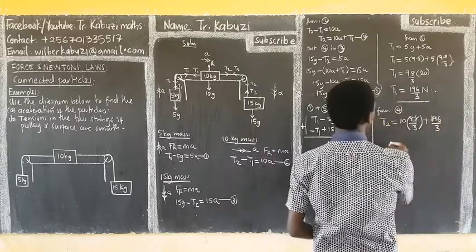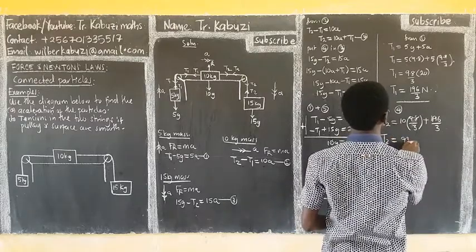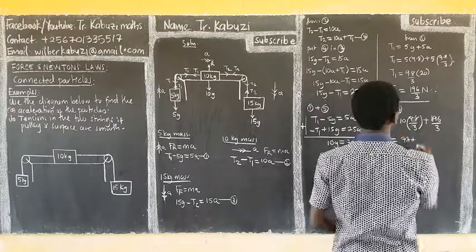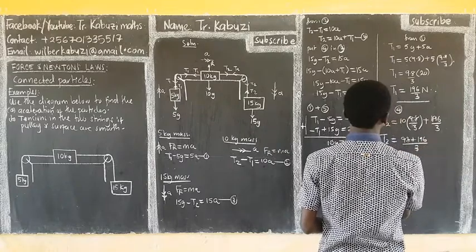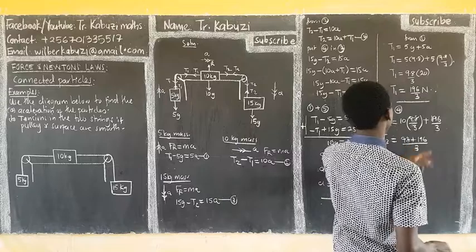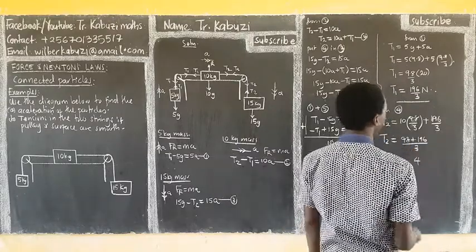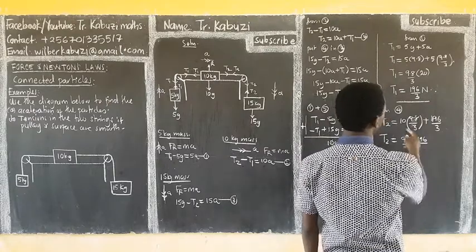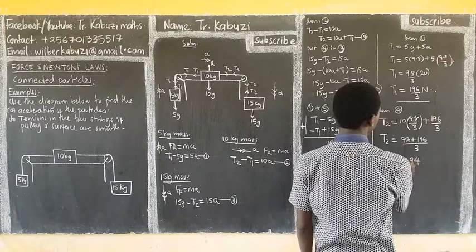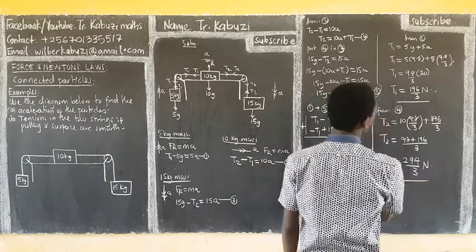So you can see that our T2 is going to be 98 plus 196, the whole over 3, which gives 294 over 3, and these are in newtons.